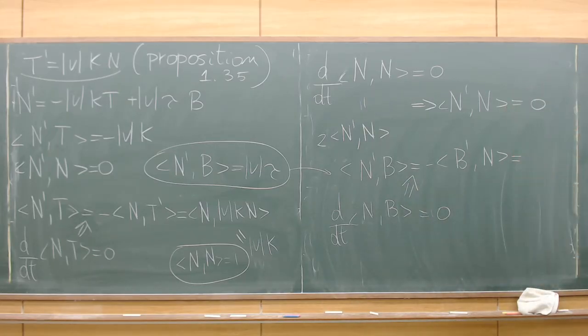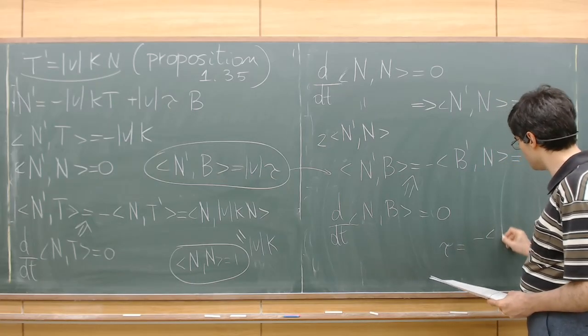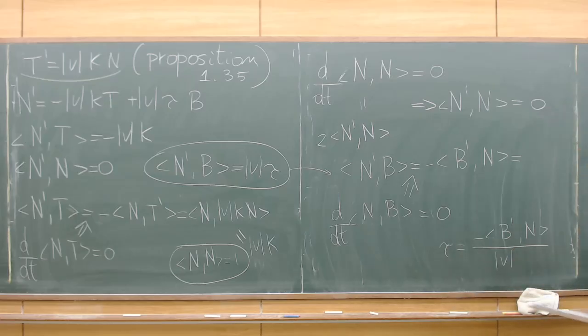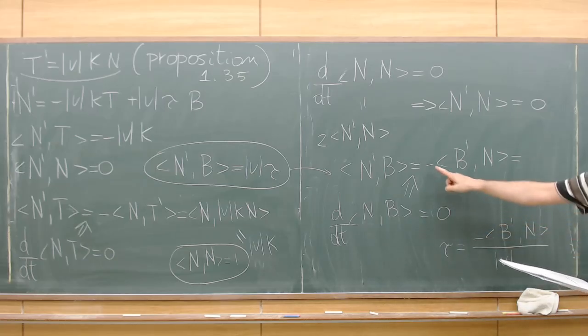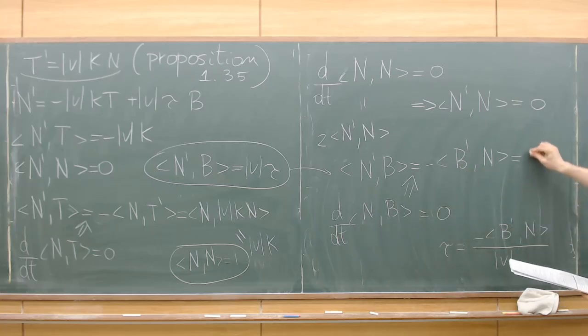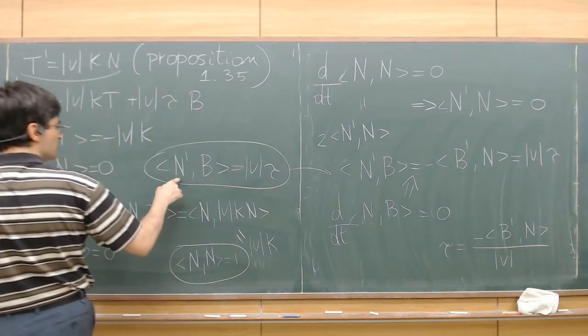And now we use the definition of torsion, which is tau equal minus b prime n divided by the length of v. So b prime times n is minus tau v. Sorry, there is a minus sign, but there is a compensation of sign because of the sign here. So you have the length of v times tau. So we proved this one.